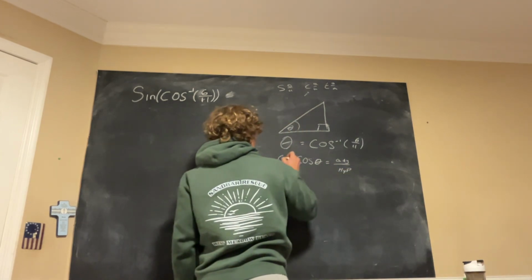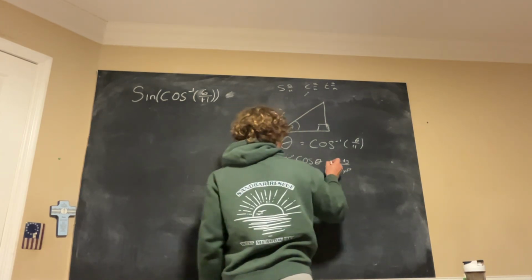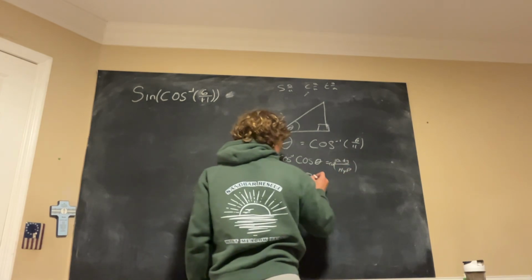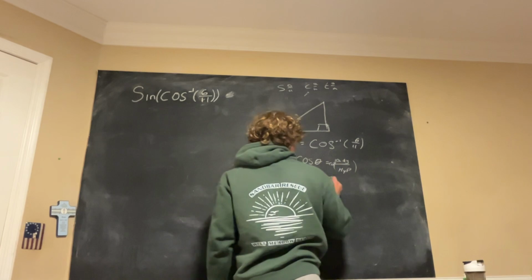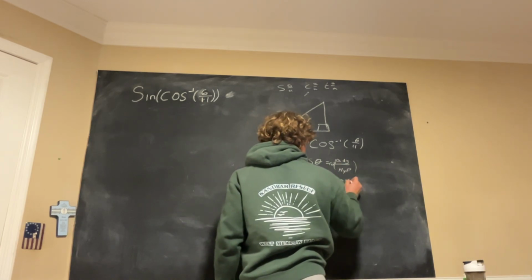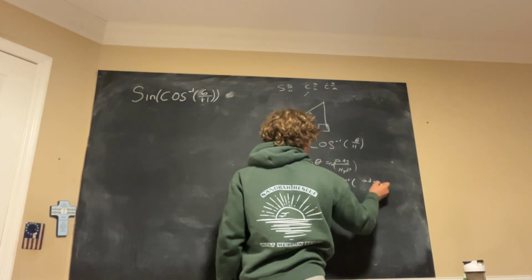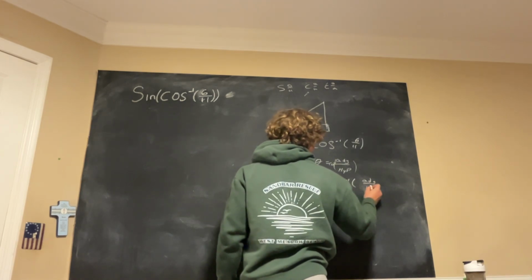And if you take the cosine inverse of both sides, you get that theta is equal to cosine inverse of your adjacent side over your hypotenuse.